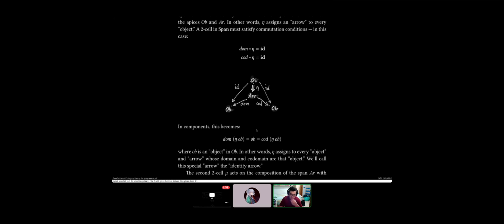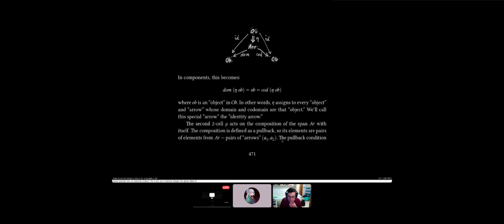In components, this becomes this, which is the same as this diagram, right? If you pick OB, you apply eta and then DOM. Yes, this is the same as the diagram. So OB is an object in OB. In other words, eta assigns to every object an arrow whose domain and codomain are that object. We'll call this special arrow the identity arrow.